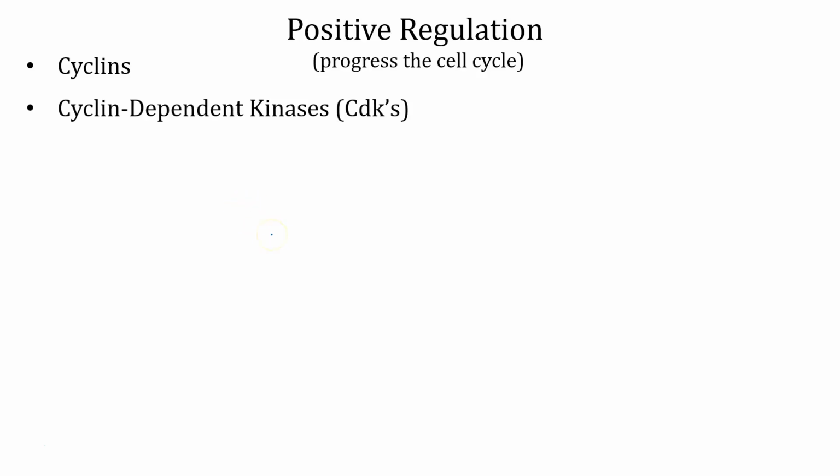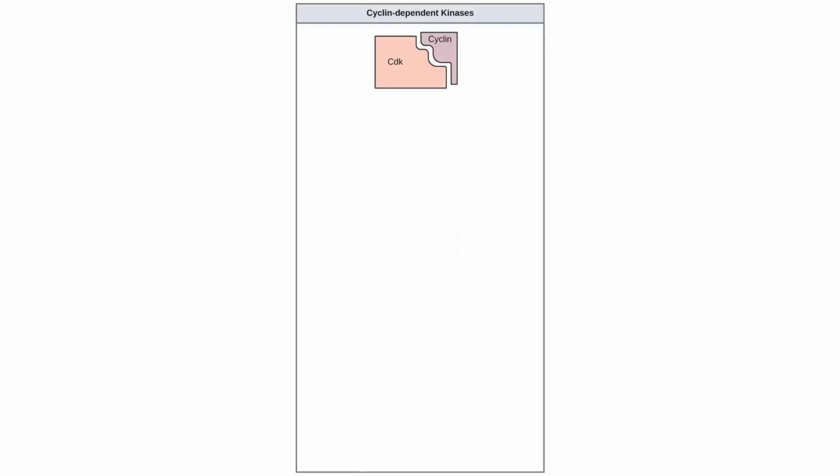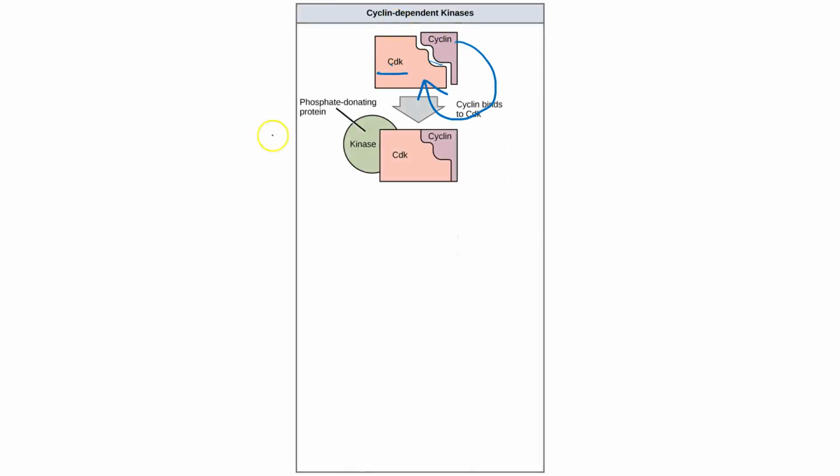Cyclins usually work hand in hand with these molecules called CDKs. So how it works is that a cyclin is going to attach to a CDK. When that happens, it recruits an enzyme to put a phosphate group on the complex. So now we've got a cyclin, a CDK, and this enzyme has come along and attached a phosphate group.